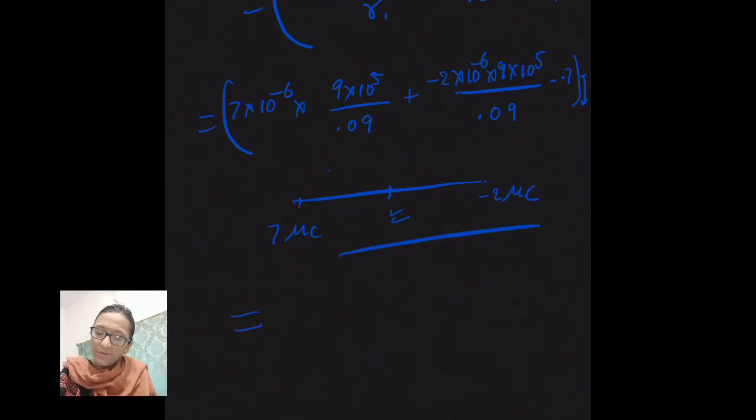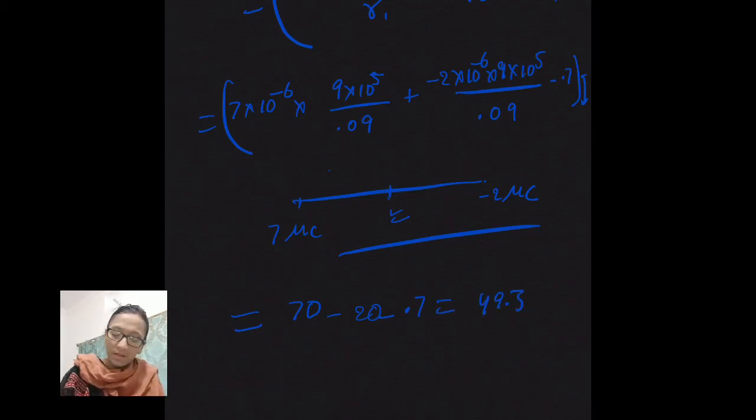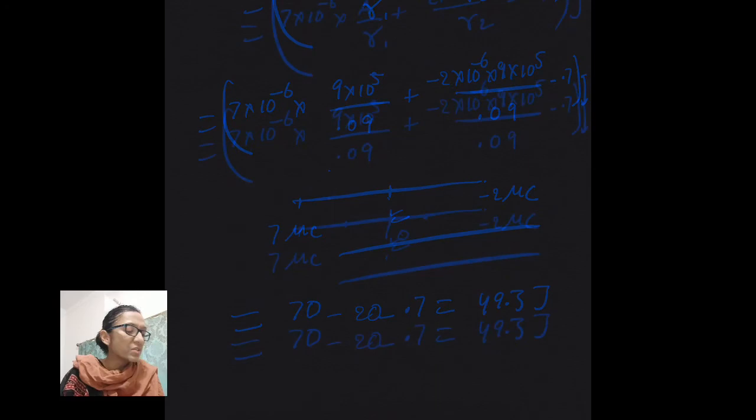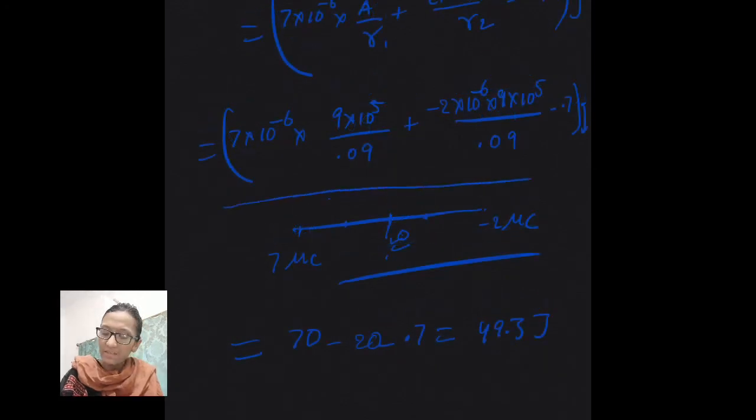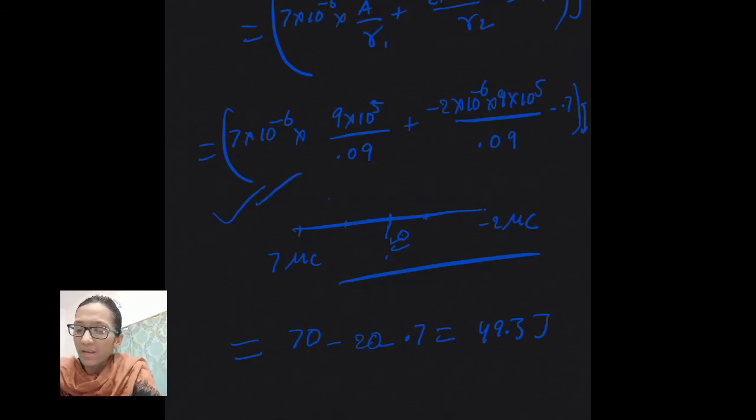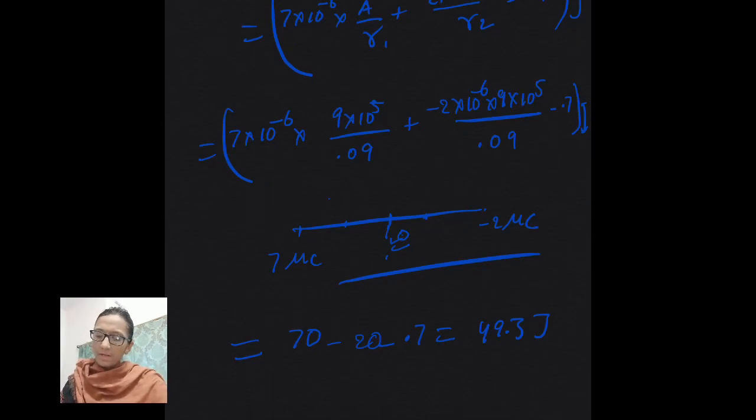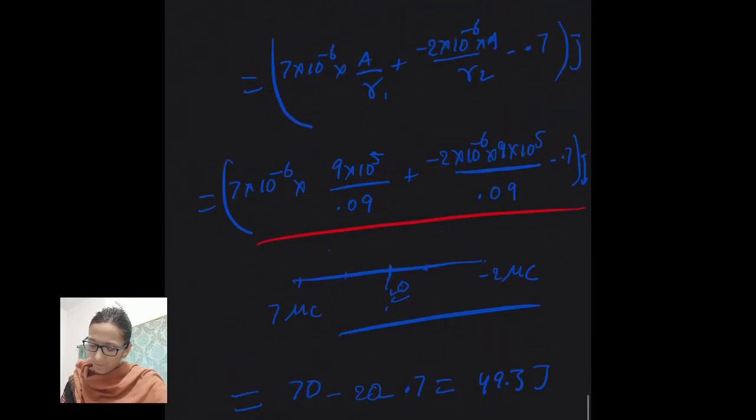When you simplify, this is your 7 microcoulomb and this is your minus 2 microcoulomb. So when you simplify, you will get 70 minus 20 minus 0.7, and this is equal to 49.3 joule. Now I conclude here. Let us take notice of this at this very point.